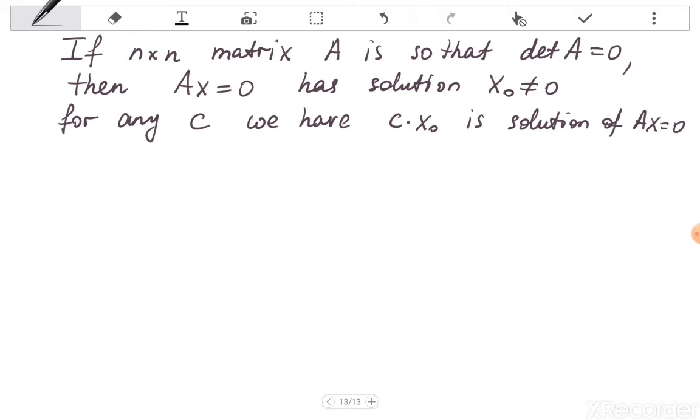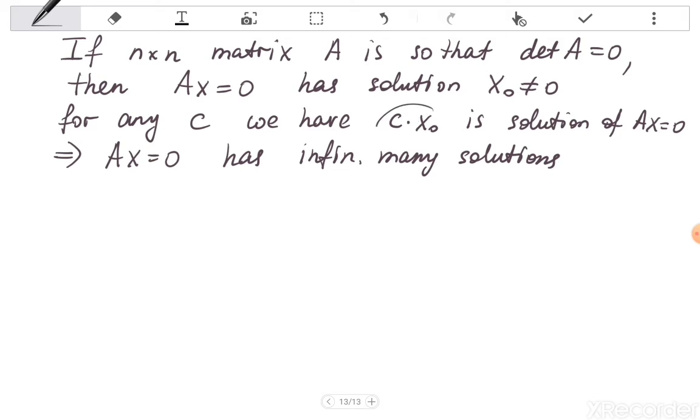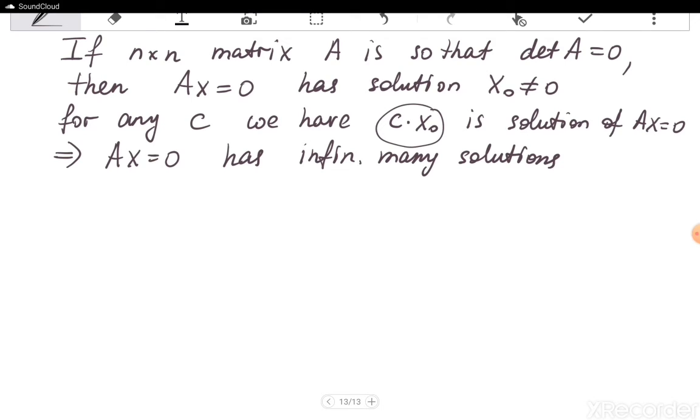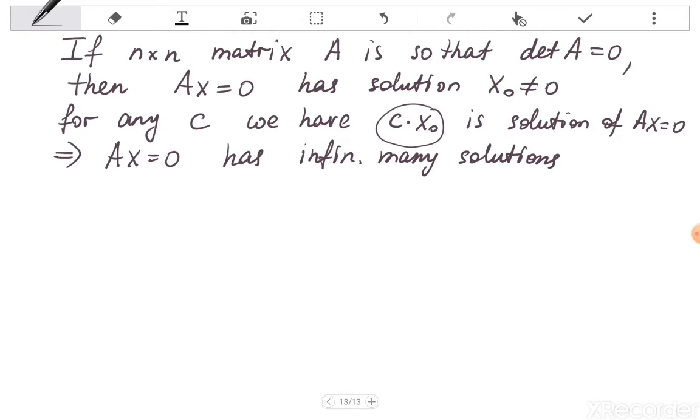This can be easily checked. And so this system has infinitely many solutions. We take an arbitrary c and multiply by x0, and we get again a solution. So there are infinitely many solutions.